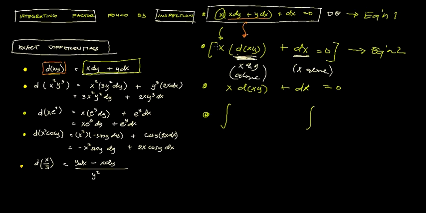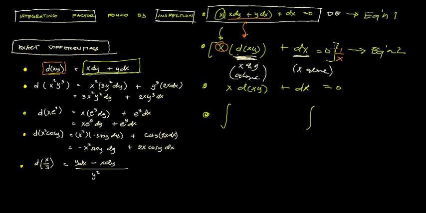If we multiply by 1 over x, we remove this x and make this a function of x and y alone, and this a function of x alone.